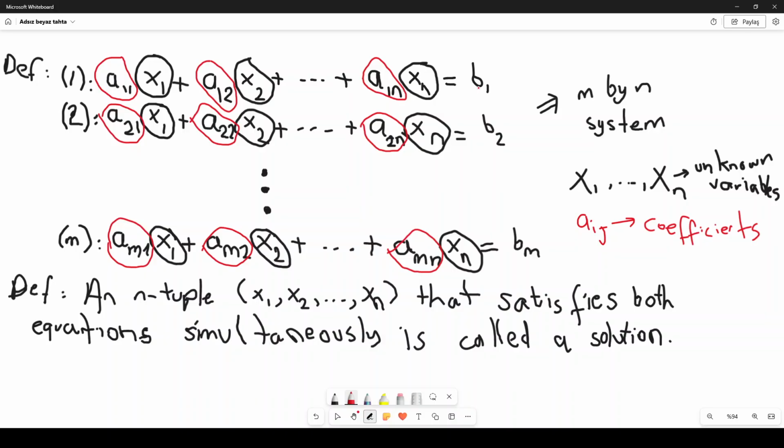Okay, and how about the bi's? On the right hand side, these are the right hand side values. Let's use a different color, maybe a mixed one. The bi's, in other words, the values on the right hand side of each equation, are called the right hand side values, or the known values. Shortly, we call them right hand side values.